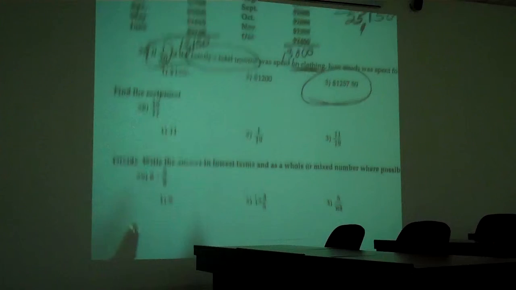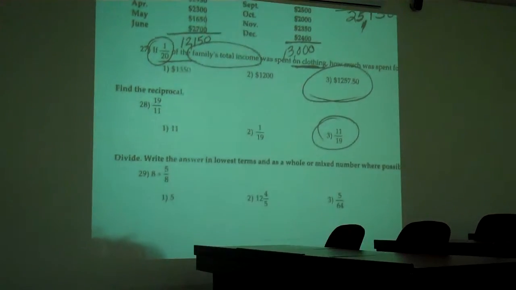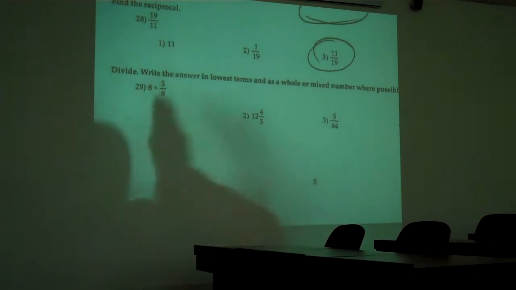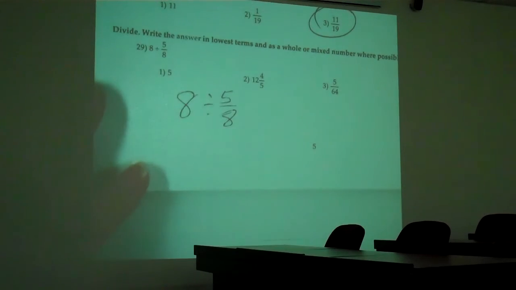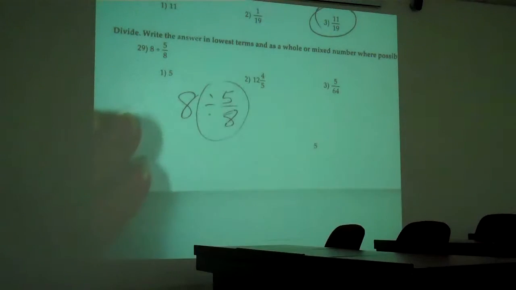Okay, next one, find the reciprocal of 19/11. Flip it over, right? Okay, divide, 8 divided by 5/8. What are we gonna do to it? Put a one under it and flip it over.